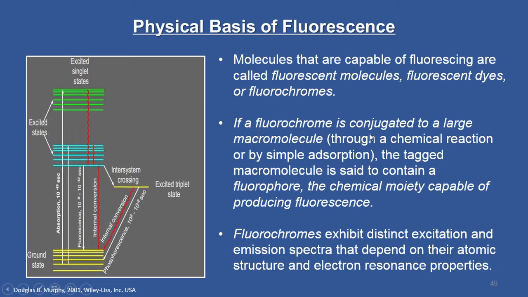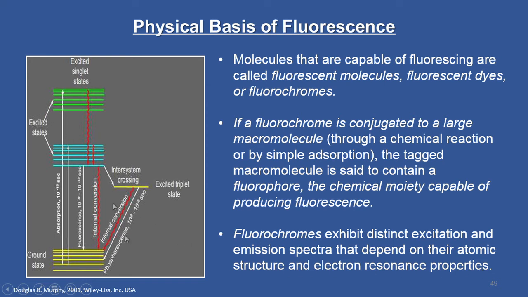If a fluorochrome is conjugated to a large macromolecule through a chemical reaction or by simple adsorption, the tagged macromolecule is said to contain a fluorophore, the chemical moiety capable of producing fluorescence. Fluorochromes exhibit distinct excitation and emission spectra that depend on their atomic structure and electron resonance properties.